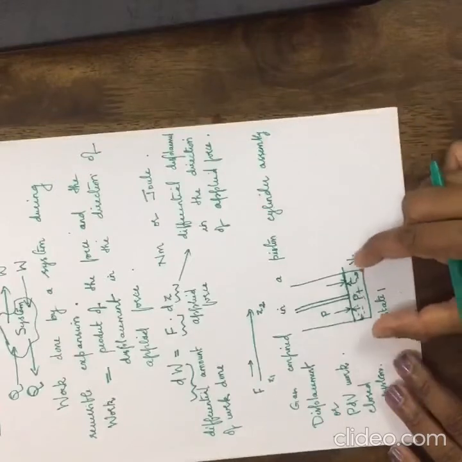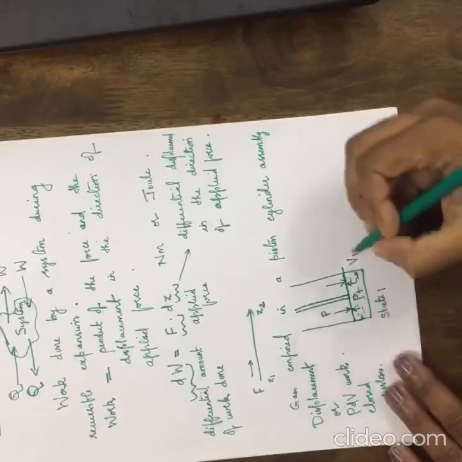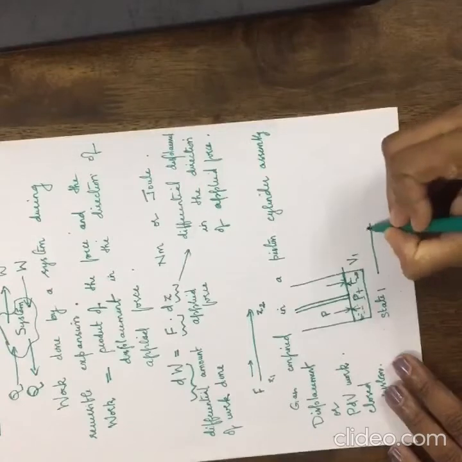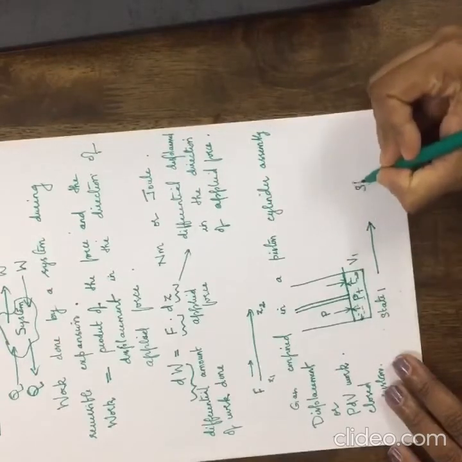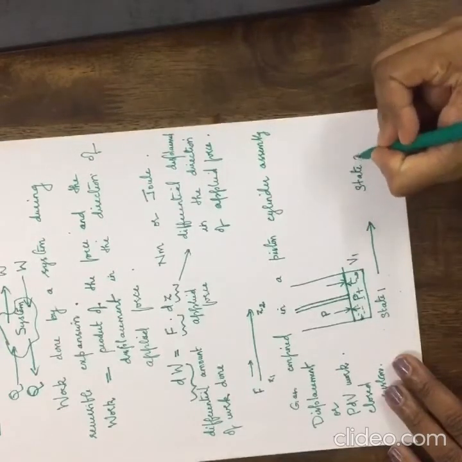Now the system undergoes a change of state from state 1 to state 2. How?